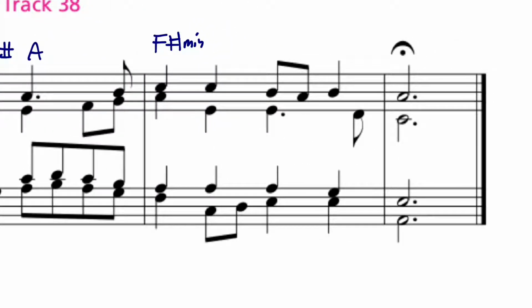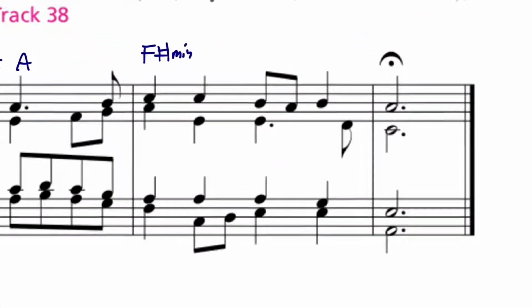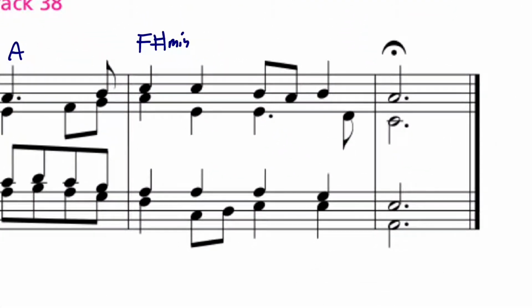Next, we have C sharp, A, E. So A, C sharp, E would be our chord. In the key of A, that's going to be our 1 chord, or A chord with a C sharp in the bass.